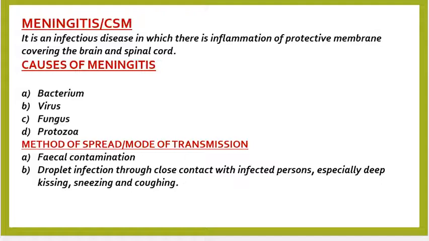When you have contamination with feces containing any of the above organisms, bacterium, virus, fungus, protozoa, you can get the effects of meningitis. B, droplet infection, that is through air, by having close contact with the infected person, especially through deep kissing, sneezing, coughing. So these are the ways we get the disease.